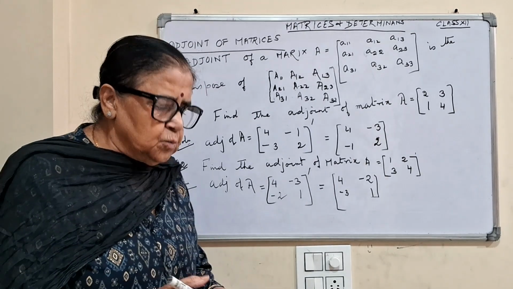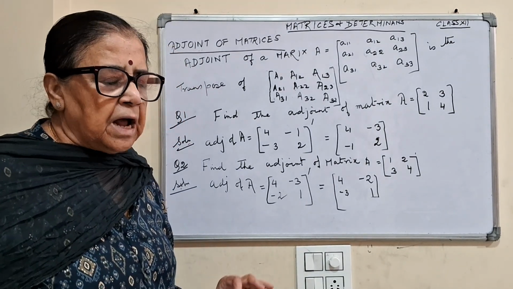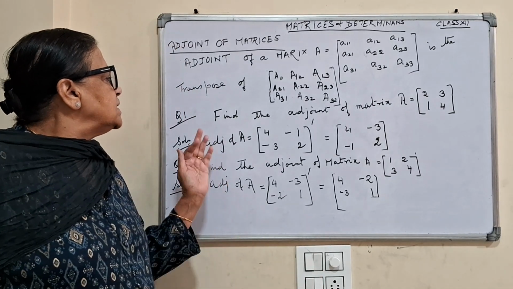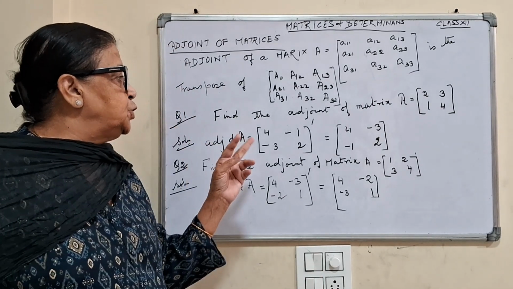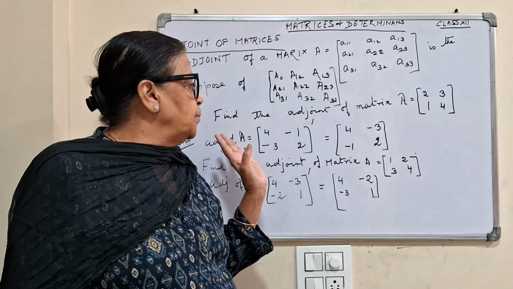I take a small example before I start a difficult one. Suppose we find the adjoint of matrix A = [2, 3; 1, 4].